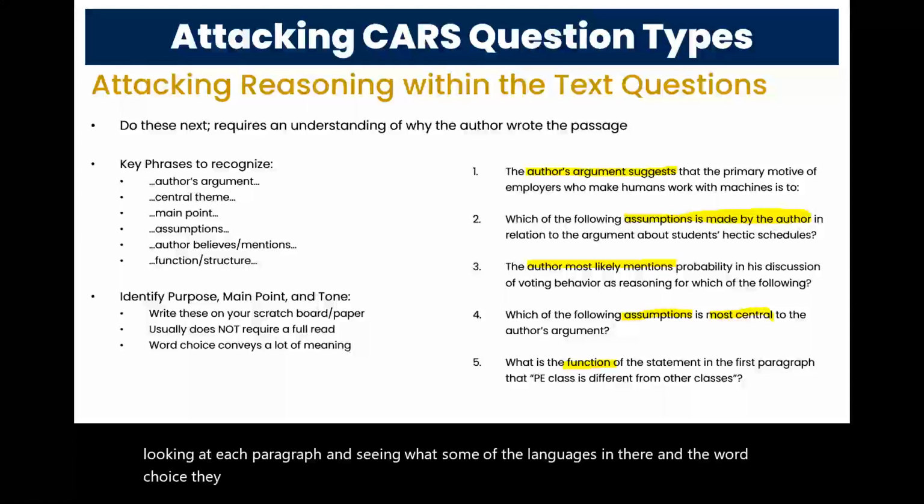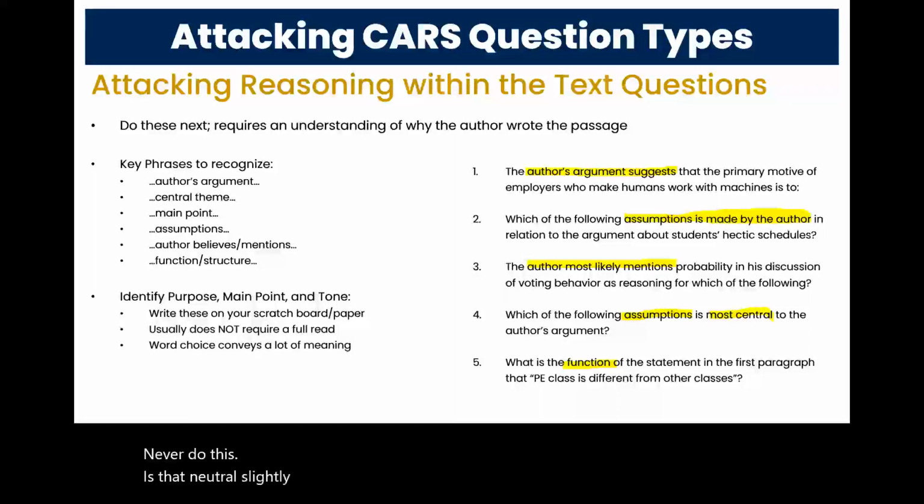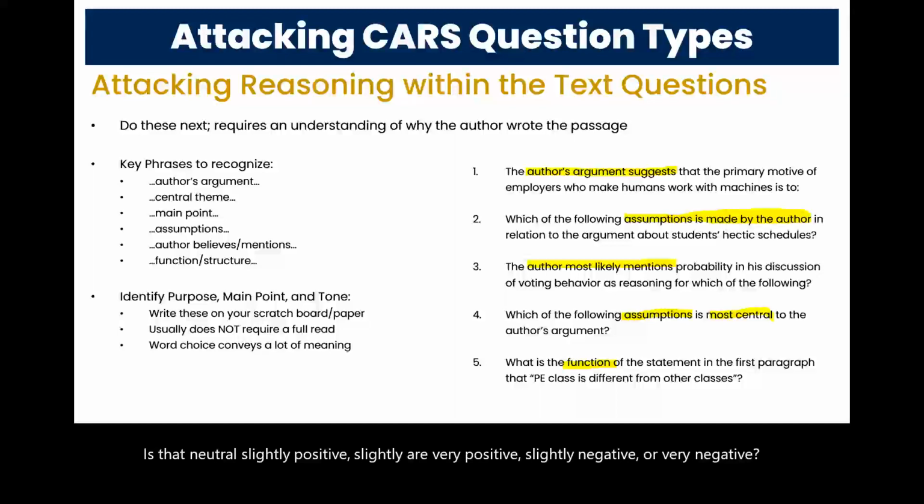So if I use a word like "never do this," is that neutral, slightly positive, very positive, slightly negative, or very negative? Never is a very negative word. It's an extreme word.